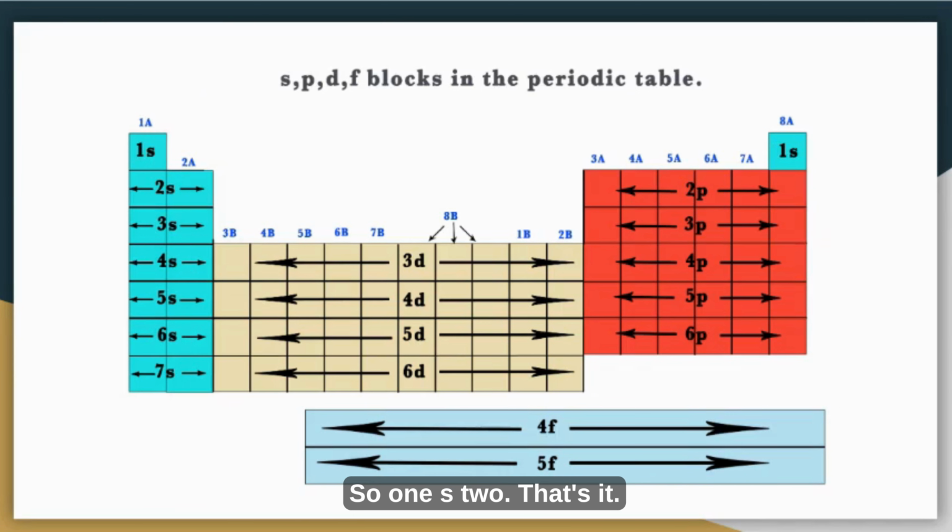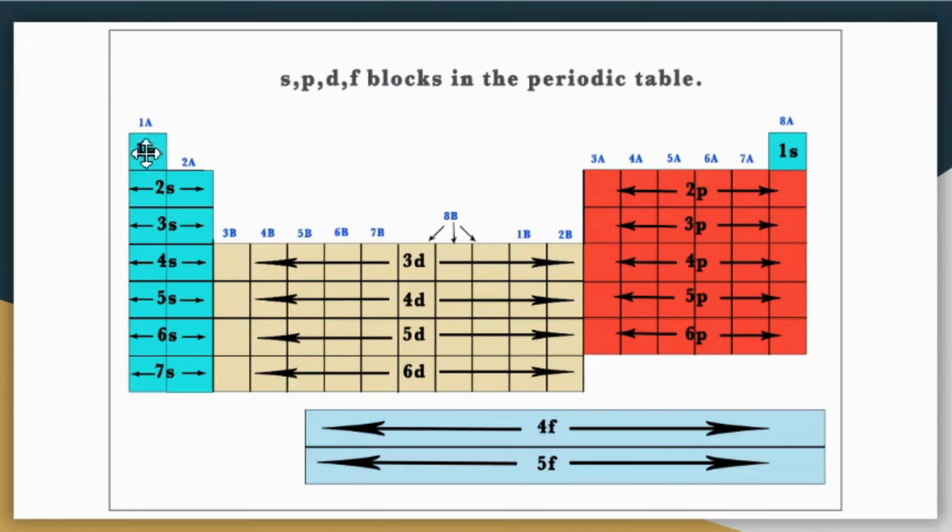That's it. Okay, let's become more complicated now. Fluorine here. Among the P, it has one, two, three, four, five, right? So it should be 1s2, 2s2, 2p5. That's fluorine.